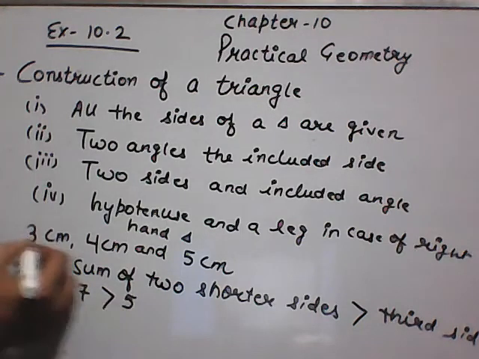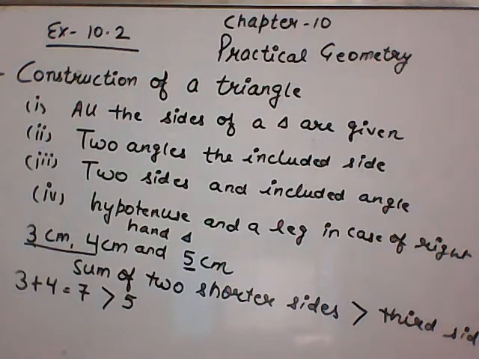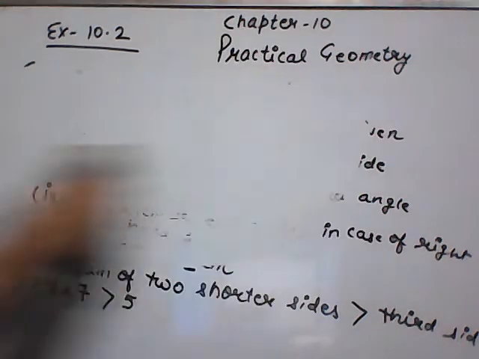The sum of two shorter sides is greater than the third side. Then you can construct the triangle with the given sides 3 centimeter, 4 centimeter and 5 centimeter.